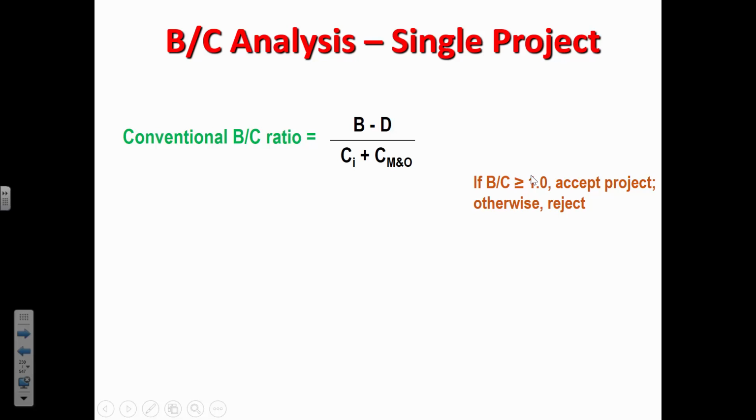As long as you're getting back more than you are giving, you should accept each dollar that you're able to spend. And so this is the conventional benefit cost ratio. There's also what's called the modified B to C method, and all it simply does is subtract the ongoing maintenance and operation costs from the benefits. The conventional method is more common than the modified.